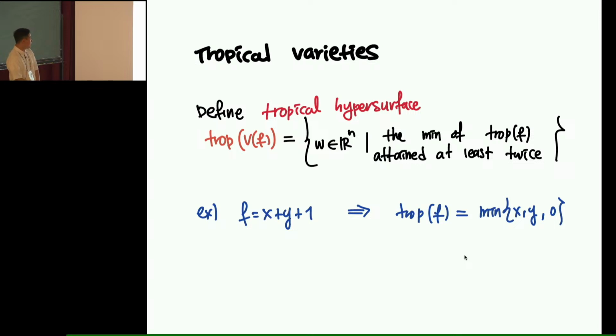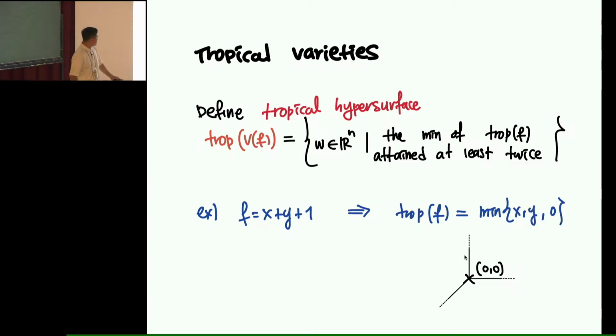Now we want to take the minimum at least twice. If you attain the minimum in y and 0, then you have this half horizontal line. If you attain the minimum in x and 0, then you have a vertical half line. And if you have x, y minimum, then it must be less than 0, so it goes to the negative direction of the diagonal. So we have this tropical hypersurface drawn from this example here.